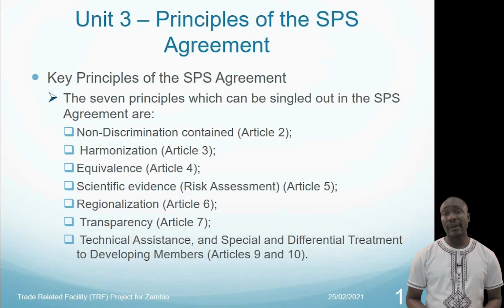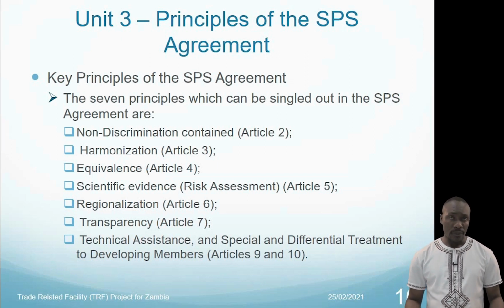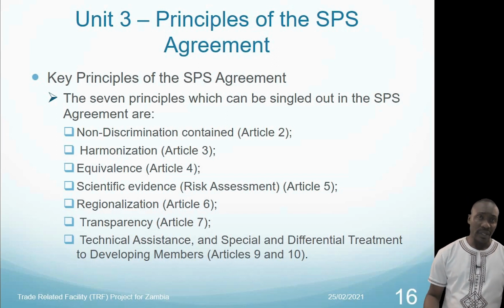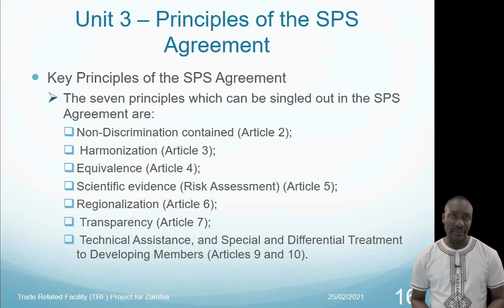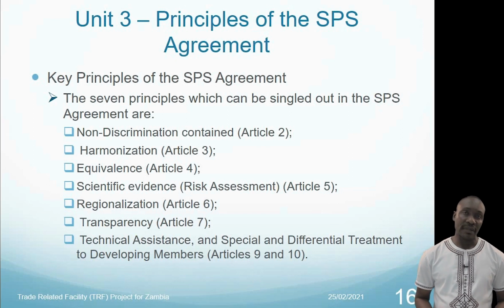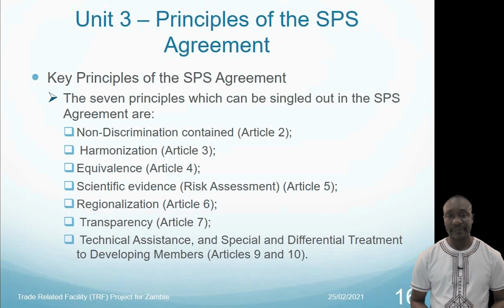As you may be aware, the SPS agreement is a legal text, and so what it means is that everything that is described in there is binding. But for the purpose of what we're trying to achieve in this risk analysis capacity building, we just highlight those three and see how they speak to the point we want to drive at.